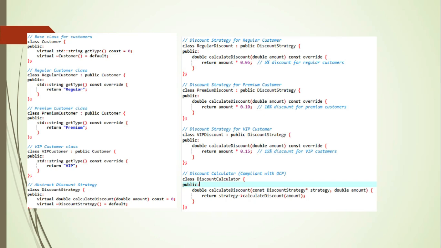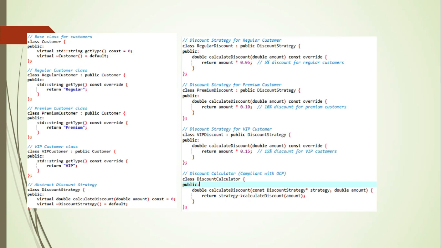It uses composition by accepting a discount strategy pointer. You can see a discount strategy pointer. Here the calculate discount function delegates the discount calculation to the calculate discount method of the provided strategy object.